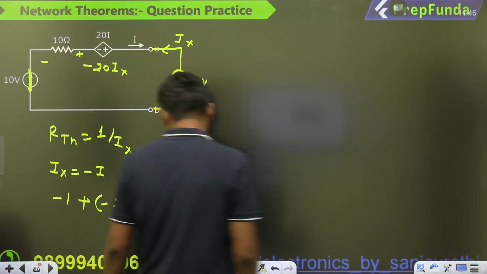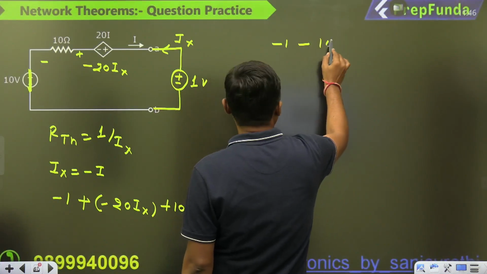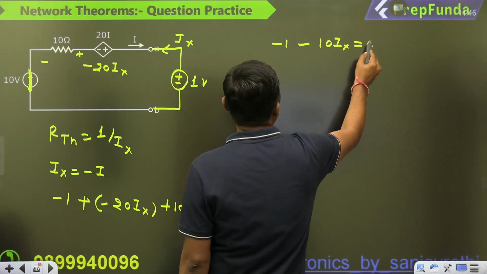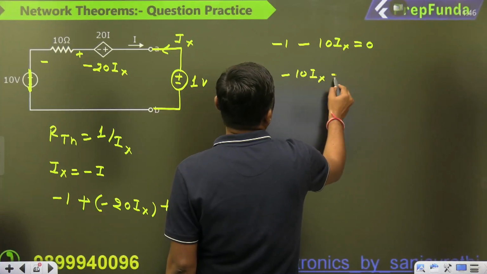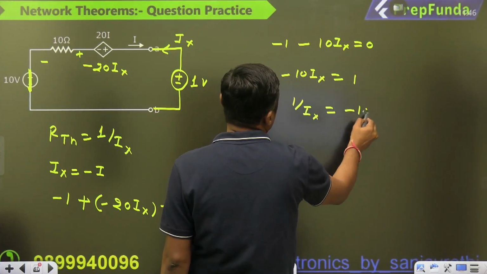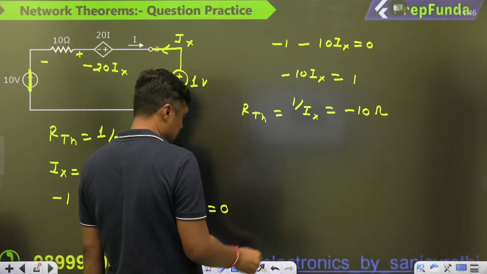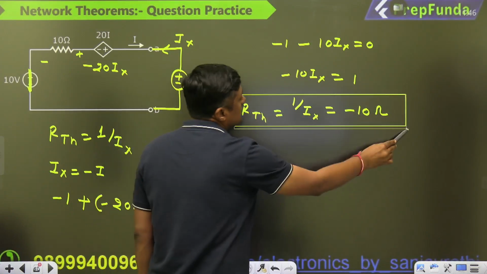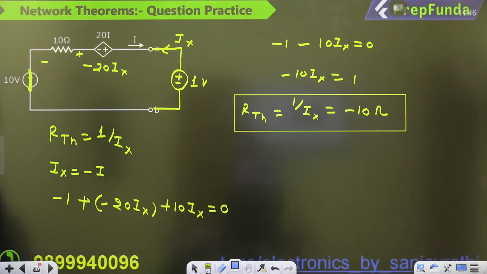Then you will get minus 1 minus 10 times Ix is equal to 0. This is minus 10 Ix is equal to 1. So what is the 1 by Ix? Same answer, you will get the same answer.